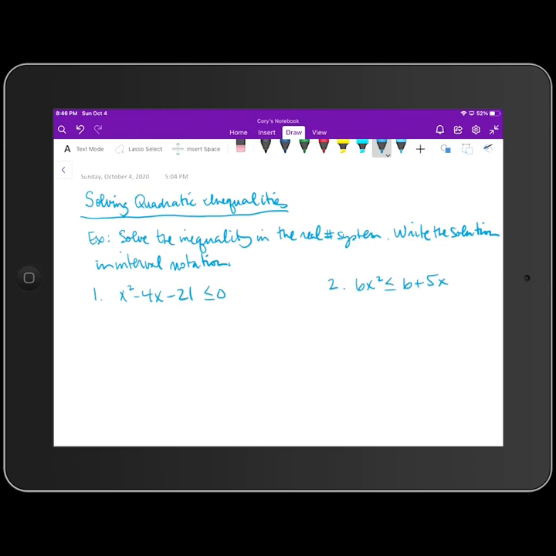Okay, so the way that I'm going to suggest you guys work these problems out is number one, you want to make sure all of your terms in your quadratic function are moved to one side of the equal sign so that you're comparing your quadratic function to 0. And then the second thing I'm going to recommend is I like factoring, especially where my squared term is positive.